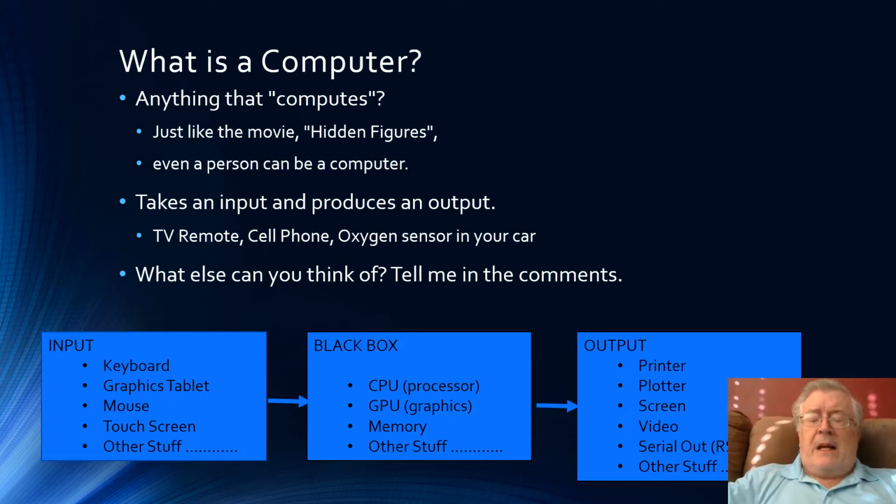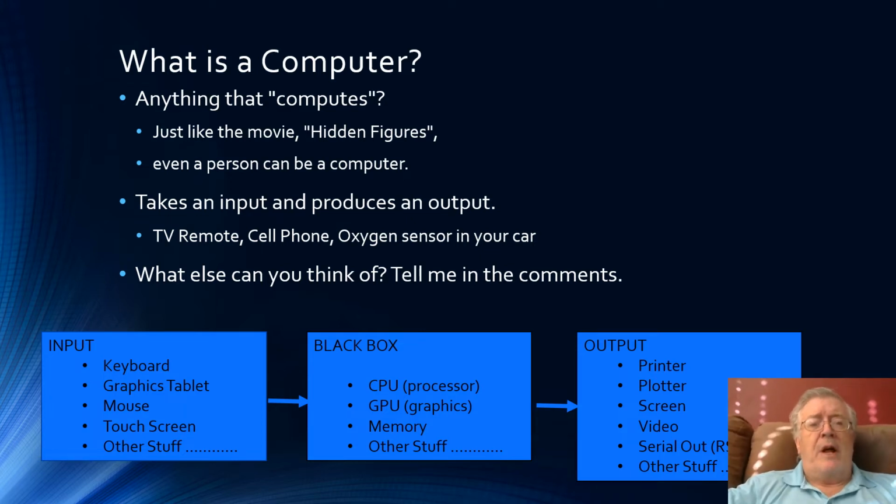So lots of things basically are computers: your TV remote, your cell phone, the oxygen sensor in your car. Most cars now come with a computer. They'll tell you, if you take it in for service, about the car's computer.